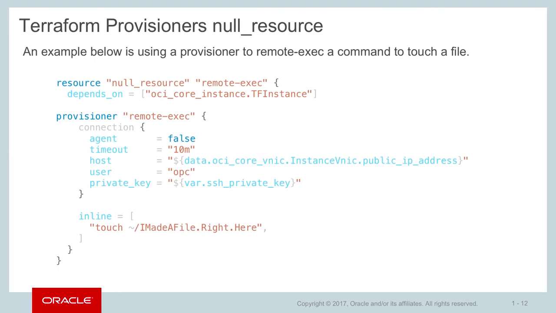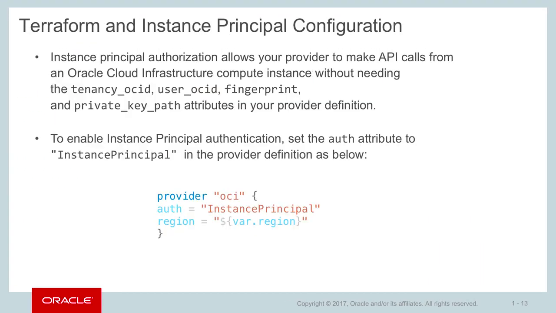All right, so our last portion here is actually the Terraform and instance principal configuration. And we can do that configuration so you can understand how they work. So basically, as you can see here, when I'm using instance principal, I actually don't have to specify my tenancy OCID, my user OCID, fingerprint, and my private key path, right?